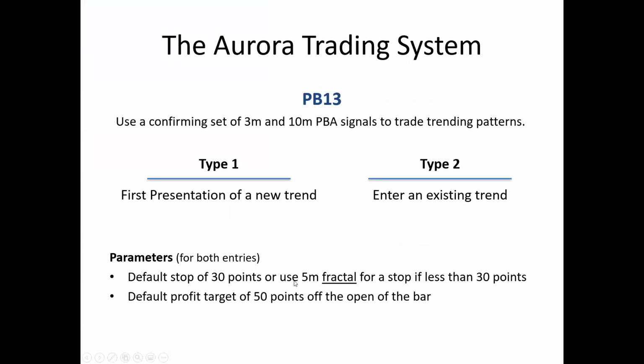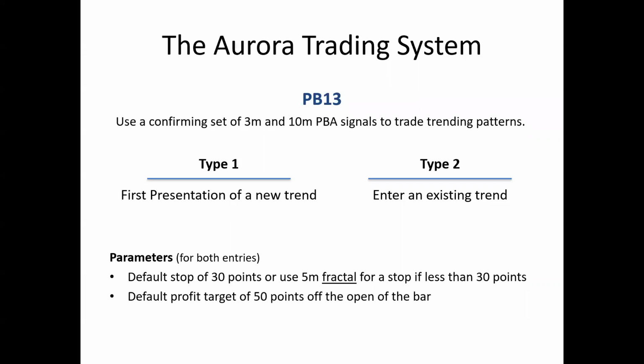Now, PB13 is a little different than the two catch trade strategies, PB3 and PB35, because there are actually two different types of PB13 entries. Both of them are looking for a confirmation of a 3-minute and 10-minute PBA signal in order to get into a trending pattern.